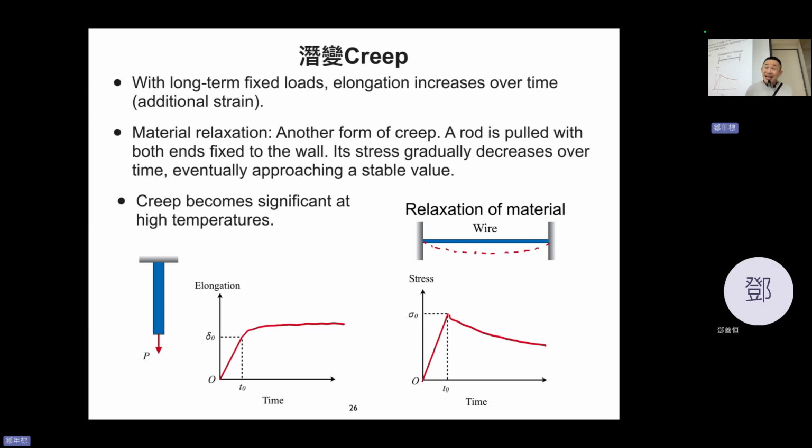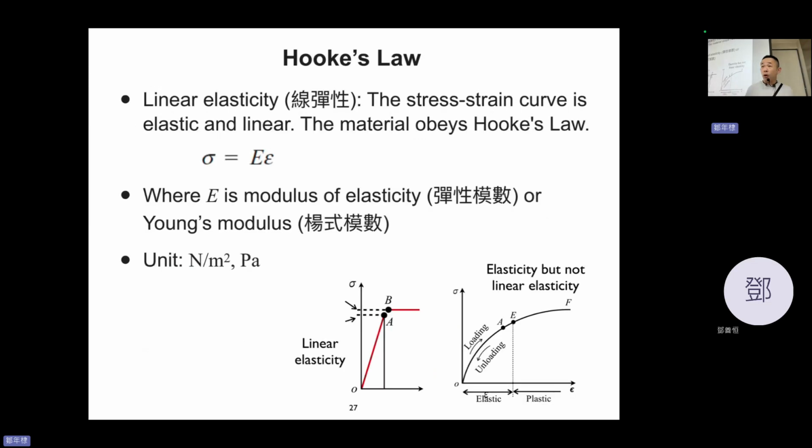So easy. Next page will be one of the most important pages in material science and engineering, right? Which is Hooke's law. Hooke's law, I believe all of you knew that even when you were senior high school students, right? Linear elasticity. The stress strain curve is elastic and linear.